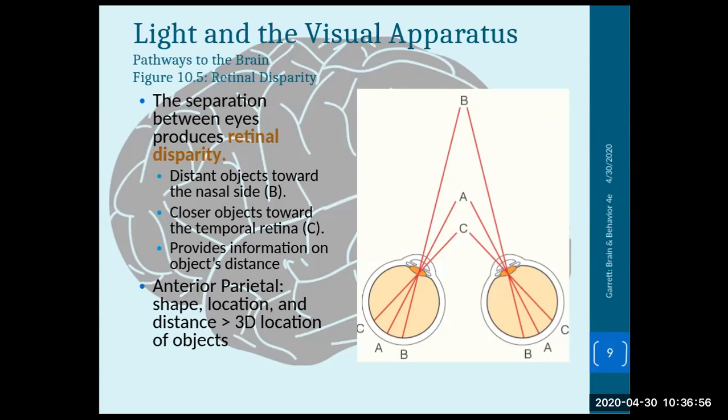So this means that in order to understand things like shape, location, and distance, and to see things in 3 dimensions, not only do we need the visual system, but we also need the parietal lobe, which pays attention to things.